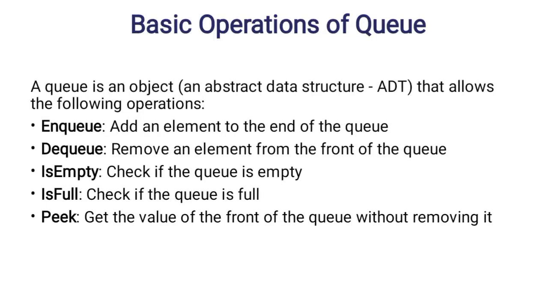Then isFull is used to check if the queue is full. Then peek is used to get the value at the front of the queue without removing it. So peek is just used to access the value, but we don't remove it.